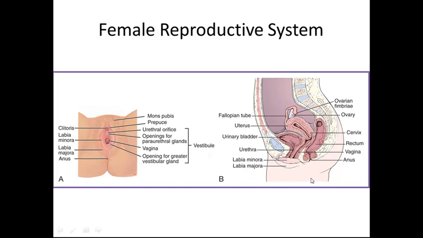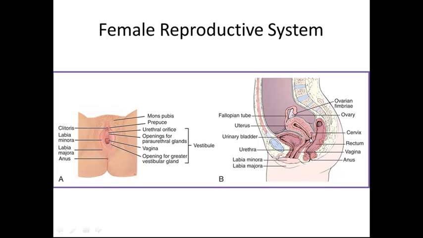Image B shows the internal female reproductive system. We have the anus, which goes into the rectum, and then from here we have the labia minora and majora, which is the outside reproductive system. We have the bladder, which is the first opening. The second opening is then the vagina, which goes into the cervix.